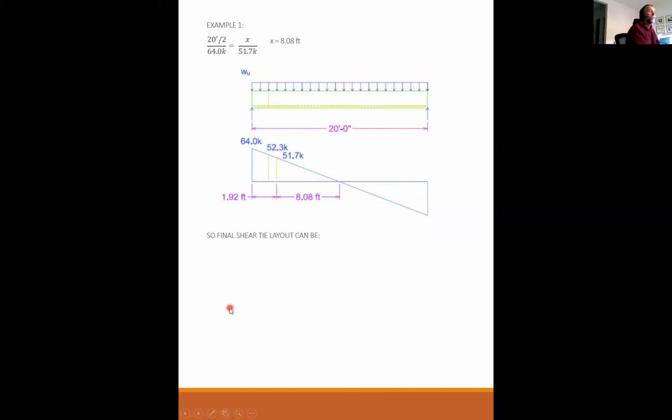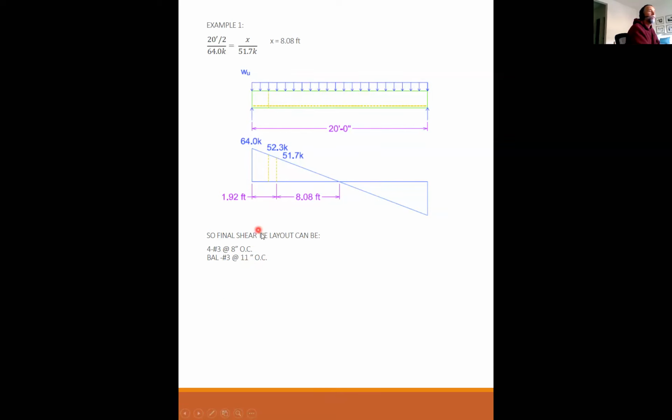So what this means is when we get to 1.92 feet from the end of the beam, I no longer need my shear ties at 8 inches on center. I can start placing my shear ties at 11 inches on center because the shear demand has dropped down to a point where number 3s at 11 will take care of it.